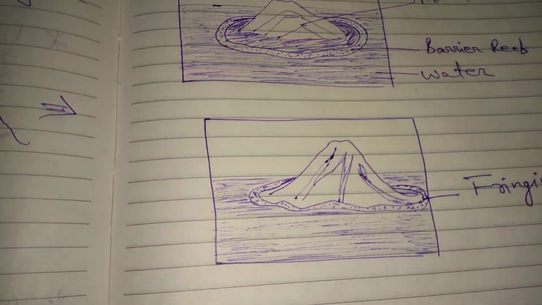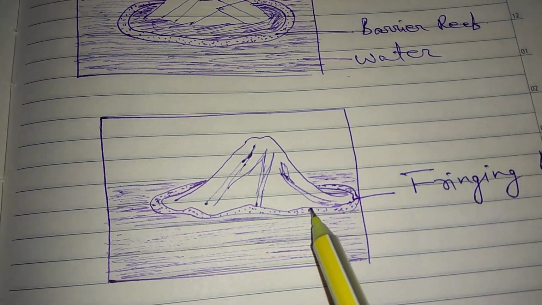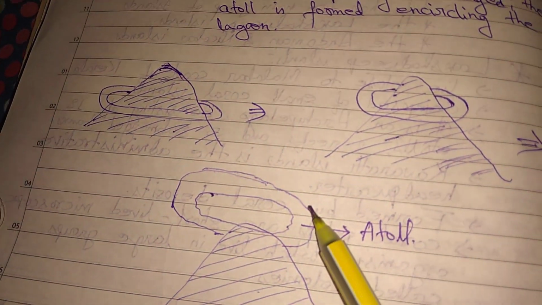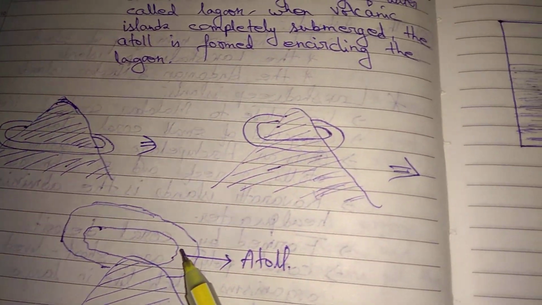Here you can see this is the fringing reef, which is the first part in the formation of an atoll.